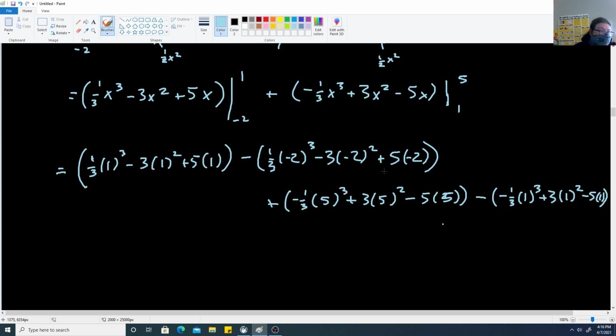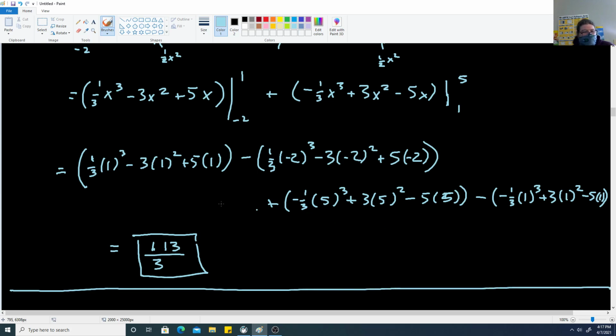And if we total this all up, either type in a calculator or take a while and do it by hand, we end up getting that this will be 113 over 3. You just need to evaluate all these out, which in interest of time we'll just assume we can either put it in a calculator or just do it by hand. It'll just take a little bit.